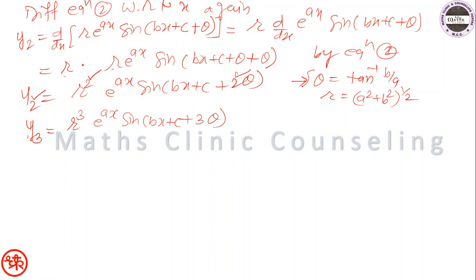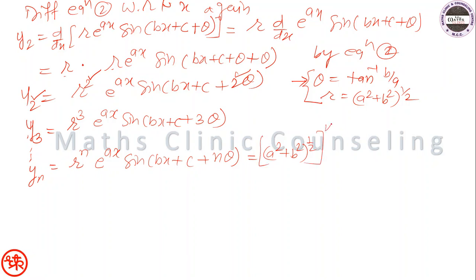We are going to replace this r and theta by this value, and so if we continue this, yn is equal to r to the power n e to the power ax sin of bx plus c plus n theta, and that will be equal to a square plus b square raised to the power 1/2 and its power is n, e to the power ax into sin of bx plus c plus n tan inverse of b by a.